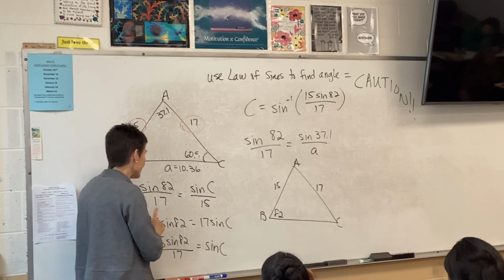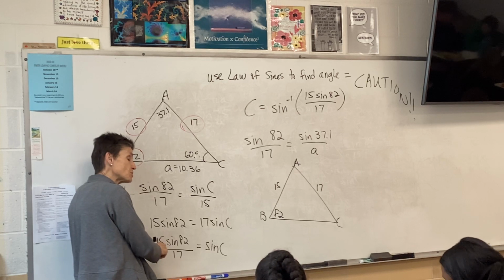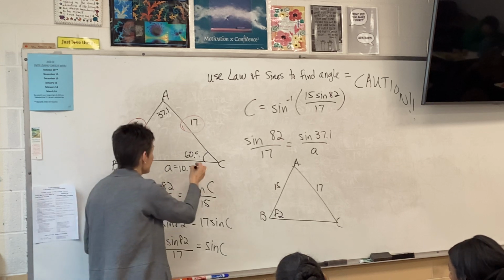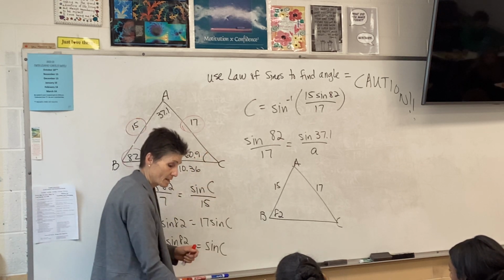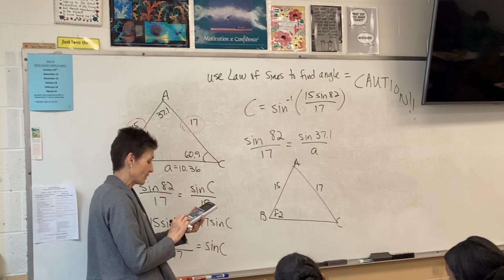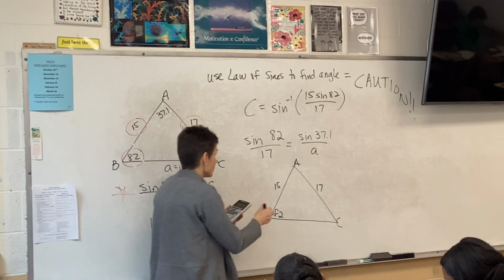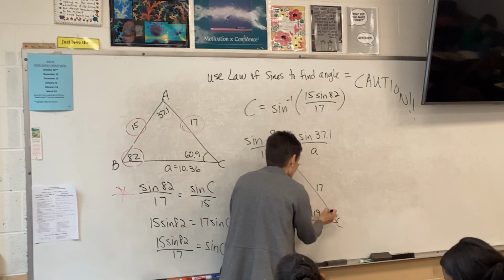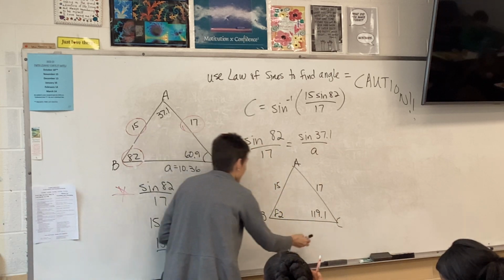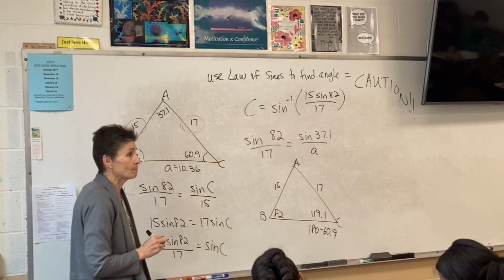When you take the inverse sine, there are potentially two answers to that question. One of them was 60.9. The other one will always be 180 minus the original. So in this problem, that second angle, if there is one, is 180 minus 60.9, which is 119.1.